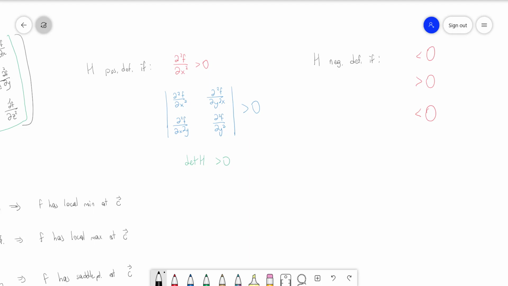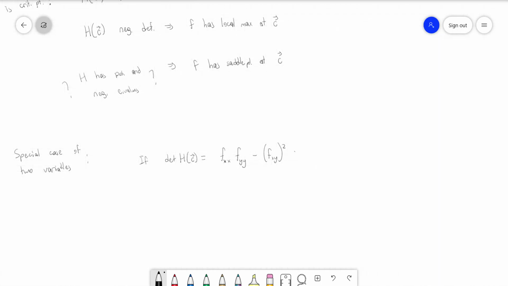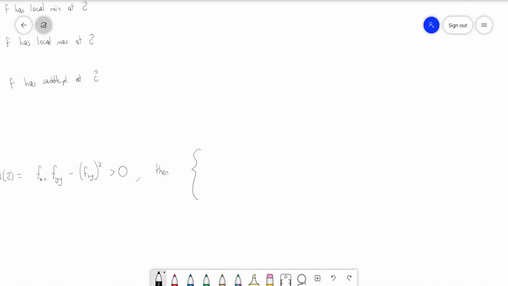So the determinants have to both be positive. So the determinant of the Hessian would equal the second order partial of f with respect to x times the second order partial of f with respect to y minus fxy squared. So if this is positive, okay, then you'd have the second determinant already positive. Then you would need to look at the second order partial of f with respect to x. And if that's positive, your Hessian matrix would be positive definite.